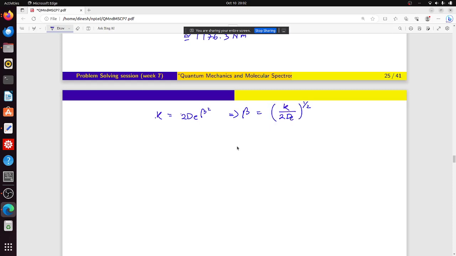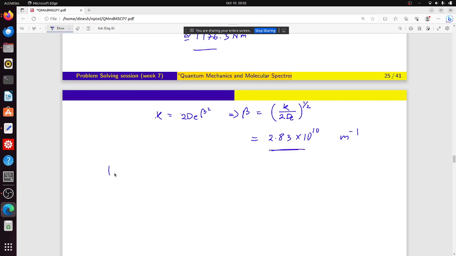If you put all the values, you will get 2.83 times 10 to the power 10 per meter. Sorry, this is beta, not k. So you got the beta value, you got the k value.